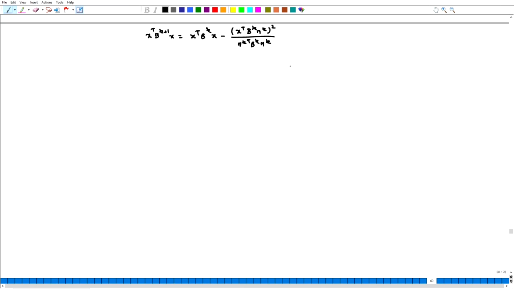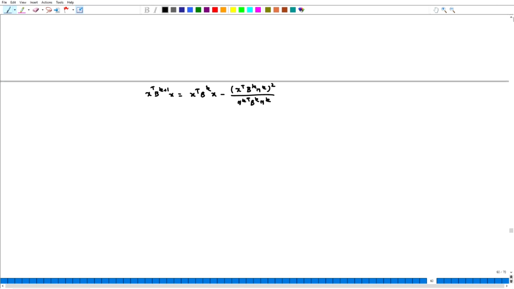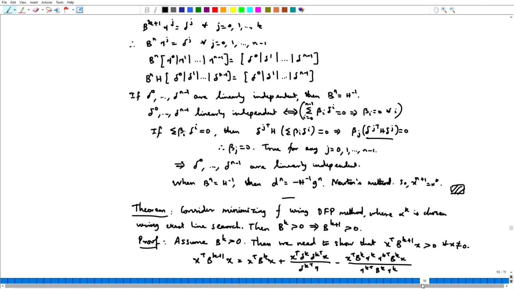I have written the numerators as squares, because these are scalars and just the transpose of scalars. Similarly I can write this as x transpose delta k the whole squared, or delta k transpose x the whole squared.